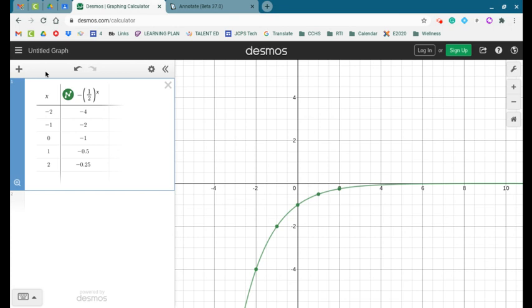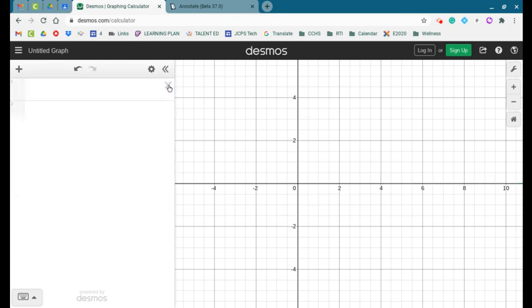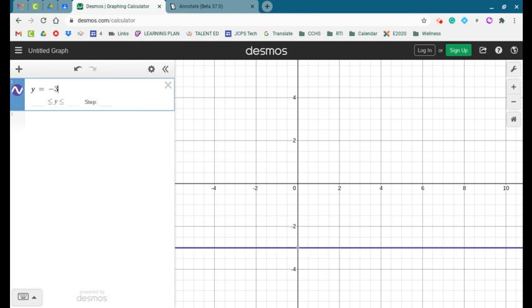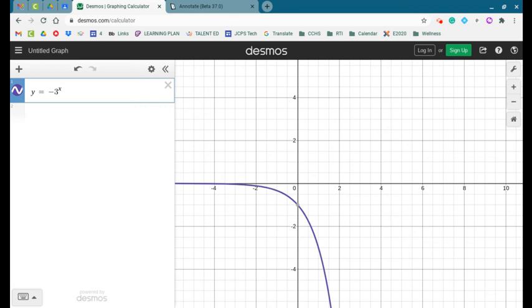So we're going to type this in. y equals negative 3 to the x plus 2. Okay, so if you can see, it still has a y-intercept of 1, and that's because it was reflected, but then it was shifted up 2.